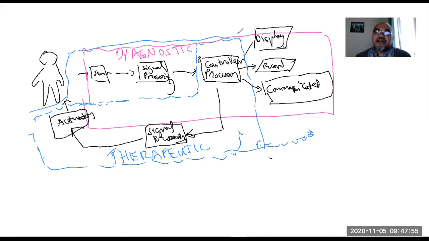Another example is the insulin pump. Previously, when a person was ill with diabetes mellitus, the physician would prescribe how many times a day they need to inject insulin at a certain dosage.